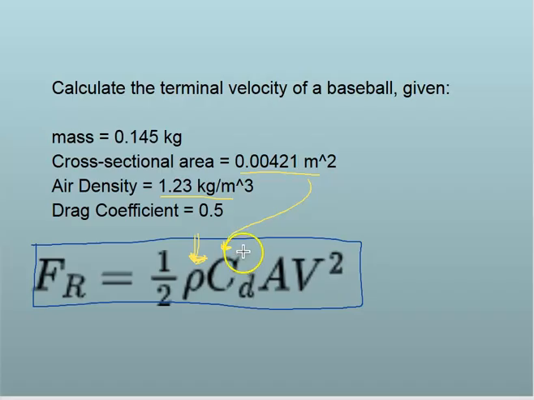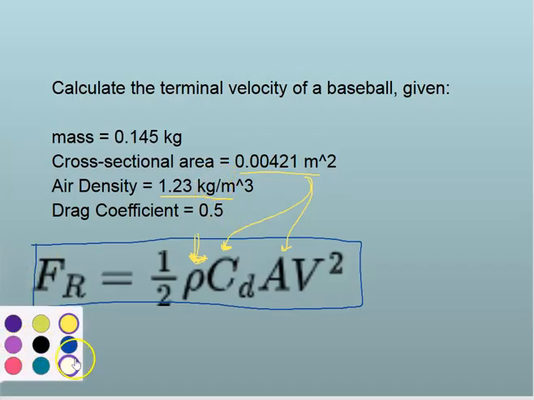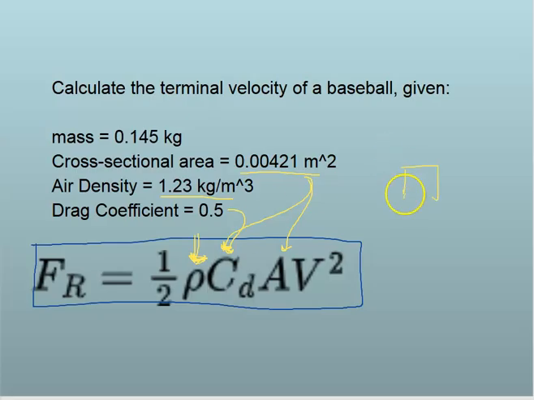A is cross-sectional area, my bad. The drag coefficient is this C, because super quickly, semi-trucks used to look like this, and you can see the cross-section would be this plus this, and then they added this domey thingy so that the air could flow over it easier.